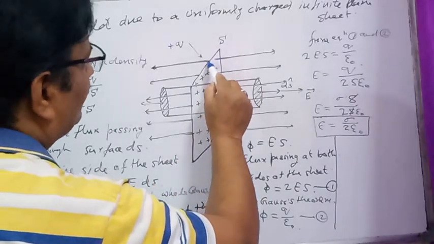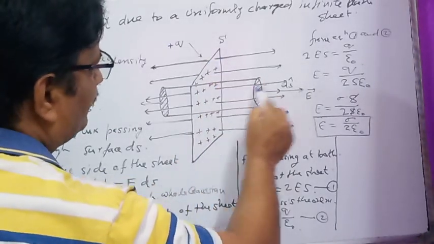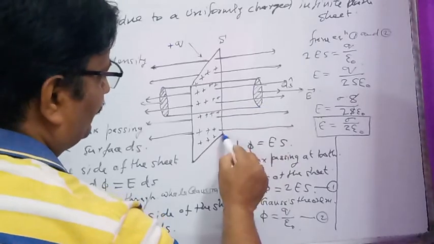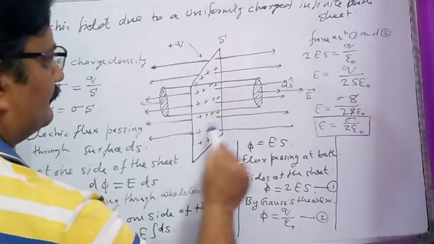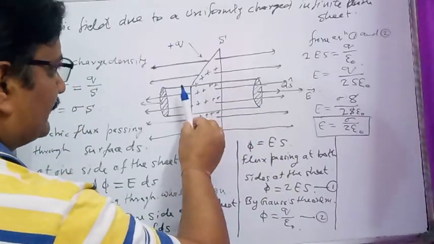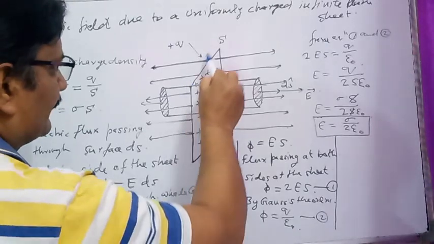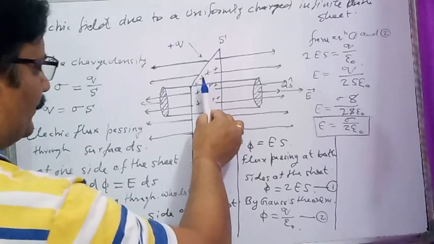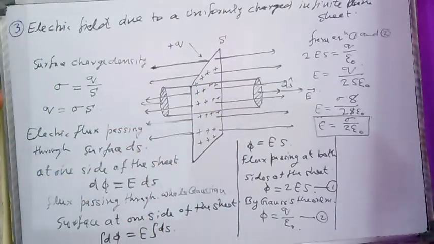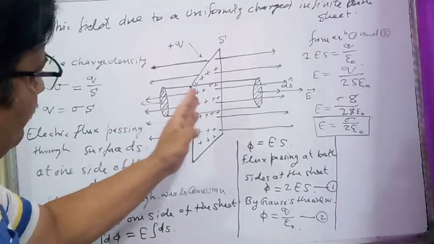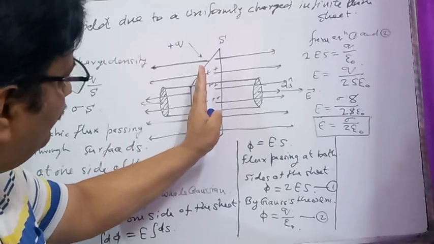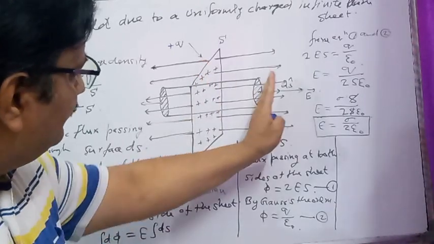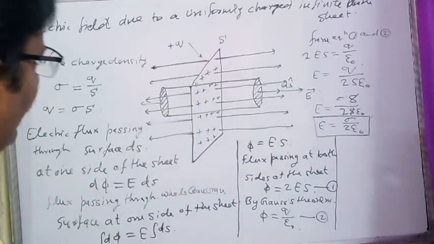Now you can see electric lines of force are moving perpendicular outward from the surface of the sheet in two directions, as the sheet has two planes. One is towards the positive x-axis, one is towards the negative x-axis. So electric flux is passing perpendicular out from the plane of the sheet in both directions.